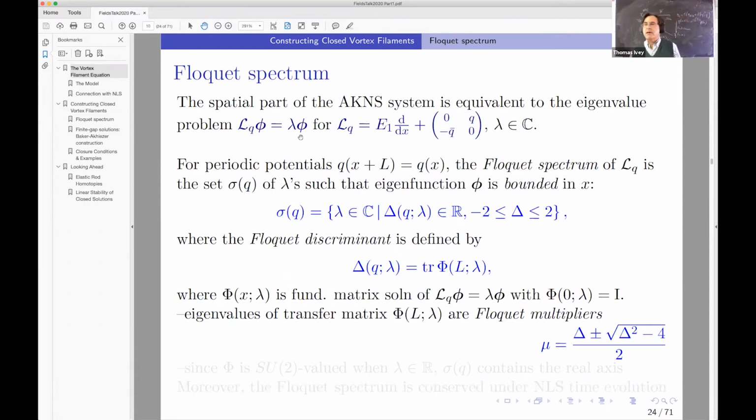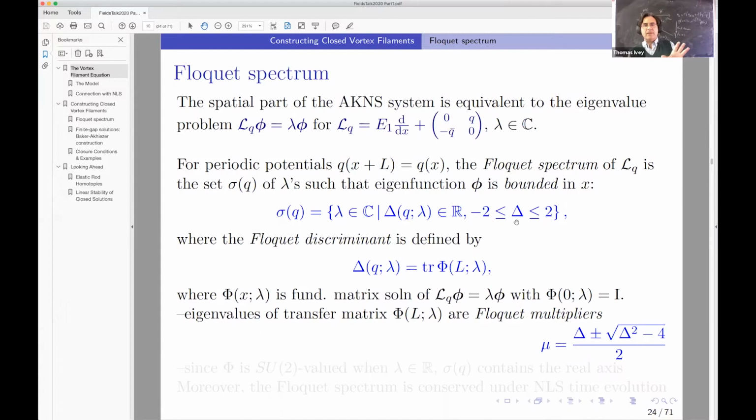In other words, if you look at how much it grows over, let's say, one period in the x direction, that growth rate has to be, well, since it's complex, a unit modulus, multiplying by a unit modulus thing, or by a unimodular matrix.